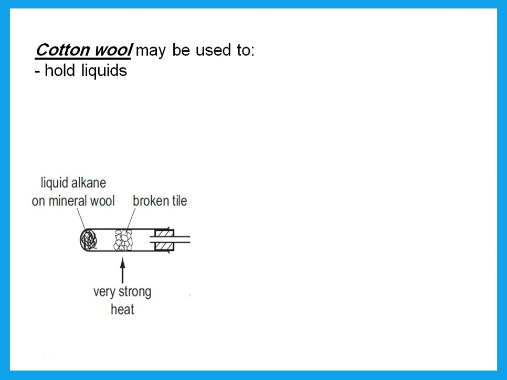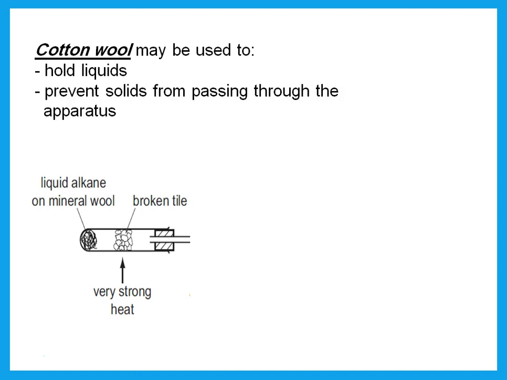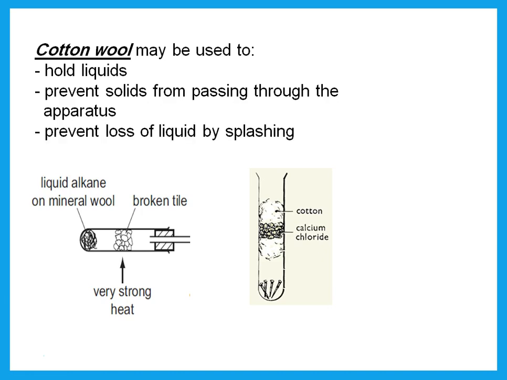The purpose of that is to hold the liquid so that the liquid does not seep out of the test tube. Or in other cases, it is to prevent solids from passing through the apparatus. So I have a test tube with solids that could go through the apparatus. I don't want the solids to go through the apparatus, so I put cotton wool around it to hold the solids.